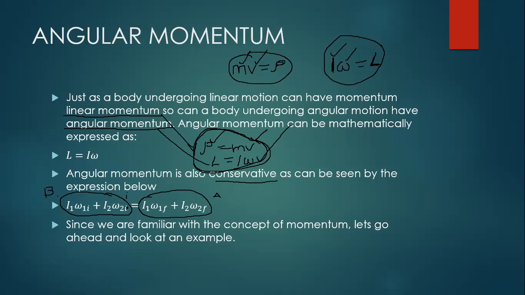Just like you can see on the expression, this is what we mean when we say angular momentum is conserved: what we have here should be equal to what we have there.